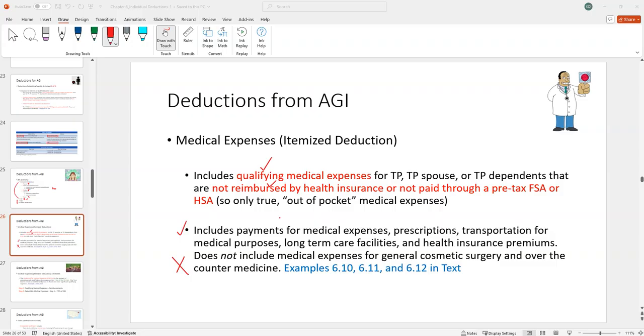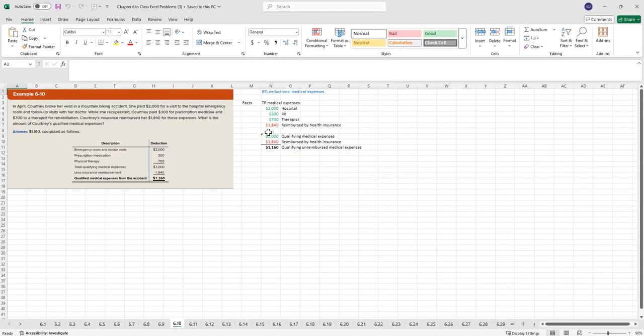So that's the first thing. The other thing you have to be aware of is that even if you have the right type of expense, it's only what is not covered by insurance. Yes, I see the doctor and it's a $1,000 bill, but insurance pays 800 of that, so I truly had $200 out of pocket. Let's look at an example here. They give us a taxpayer and some expenses.